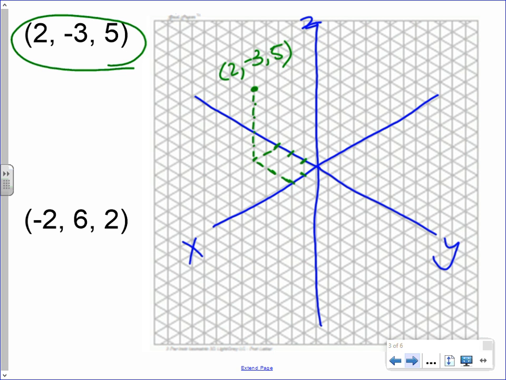Okay, now, we have 8 octants. I want you to discuss at your pod which octant you think that this lies in.